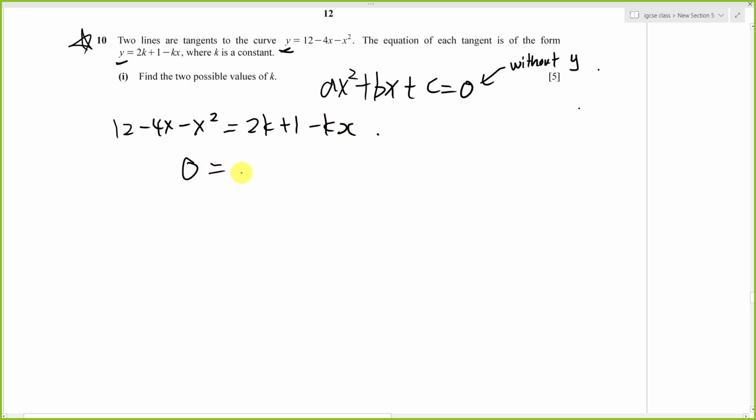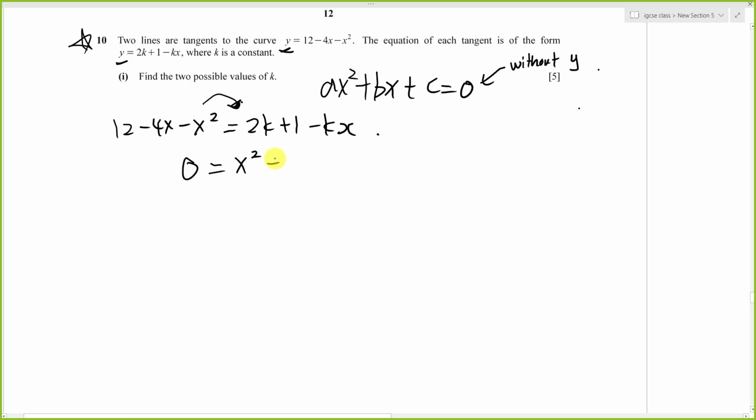And then I rearrange. I always want my x squared to be positive, so when I rearrange, I'm going to move my x squared to the other side. Alright, so positive x squared, and this one will become plus 4x.